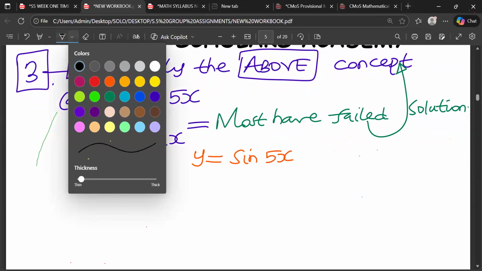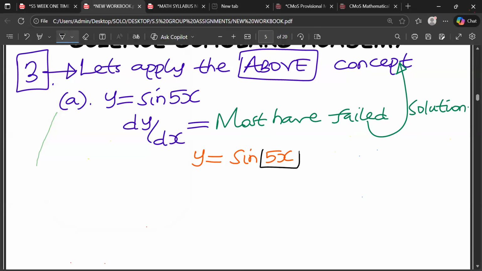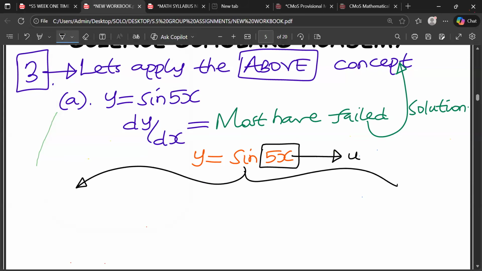Remember telling you, the moment you see the question becoming very weird and disturbing, you split. You get this one, make it your u, the angle alone. You can make that angle a u. When you make it a u, the question splits.